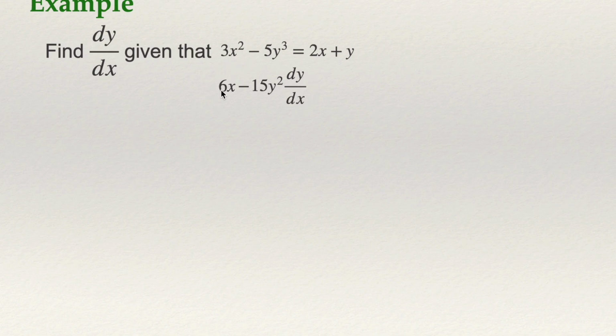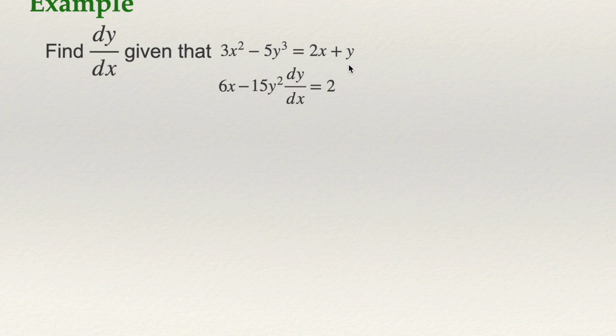Okay, so that was the derivative of this side. At the other side, the derivative of 2x is 2, and that's it, because this is the independent variable. Remember, the derivative of x is 1, so it will be 2 multiplied by 1, so it will be 2. Plus the derivative of y. This is just a variable, y, and the derivative of a variable is 1.